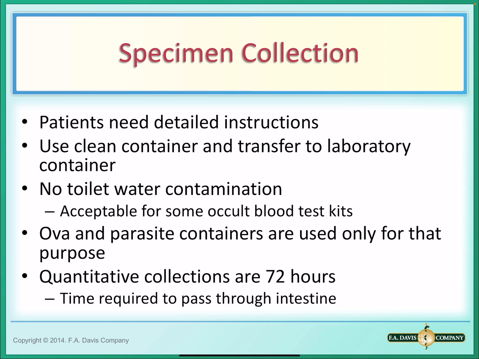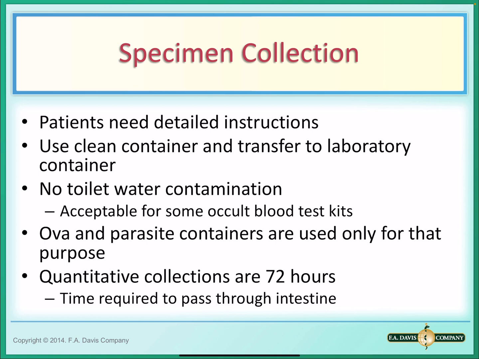Containers that have preservatives for ova and parasites must not be used to collect regular stool specimens. They should only be used to collect ova and parasite specimens. Random specimens are suitable for qualitative testing for blood and microscopic examination for leukocytes, muscle fibers, and fecal fats.